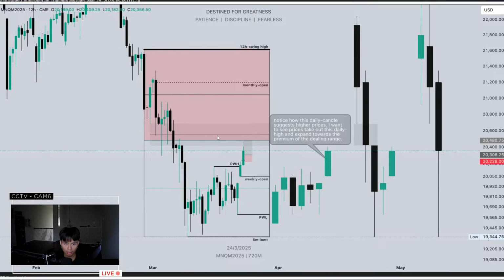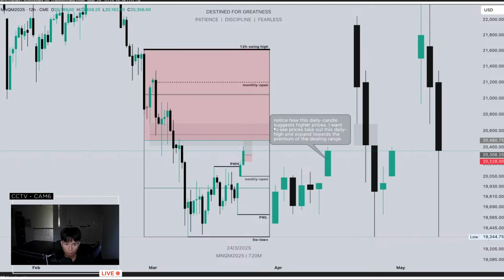However, let's take a look at this dealing range again, right? We haven't had the chance to trade up into the premium of this dealing range yet. So there is room between the daily high and up into this premium level of where prices could continue to climb higher.